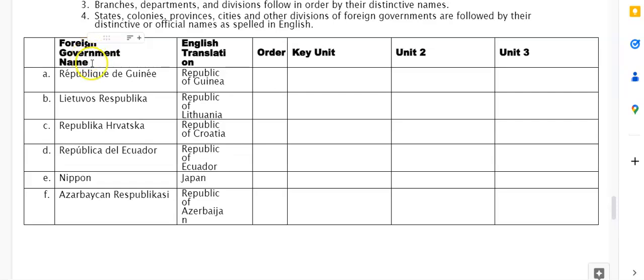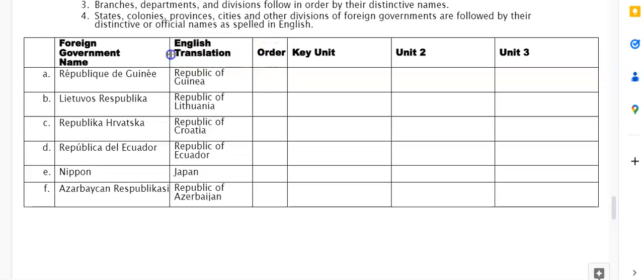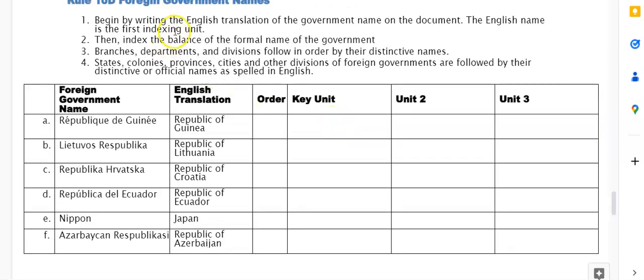So if the foreign government name is Republique de Guinea, and the English translation for that is the Republic of Guinea, my key unit is going to be the country name. So the most important part of that is Guinea. Unit 2 is Republic.